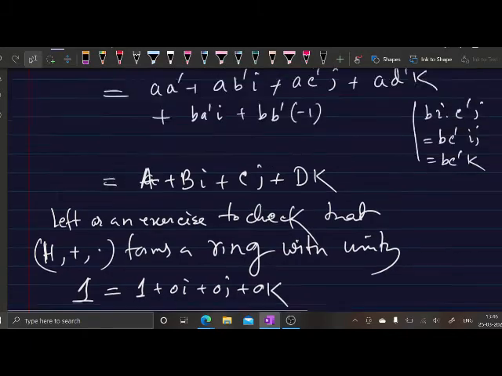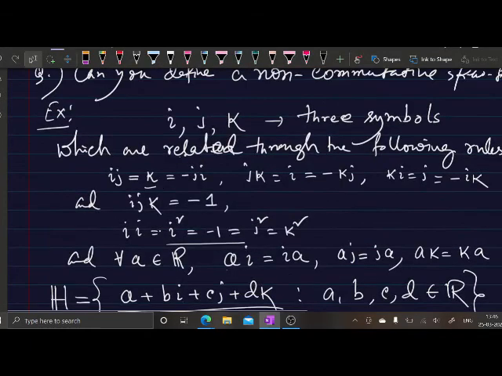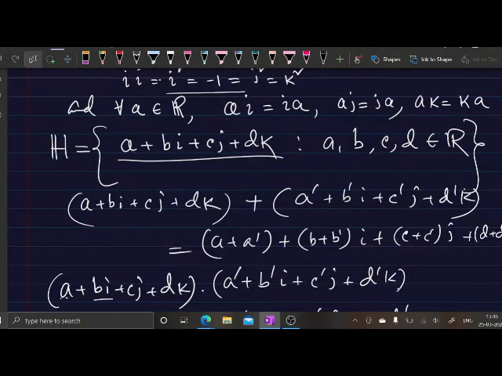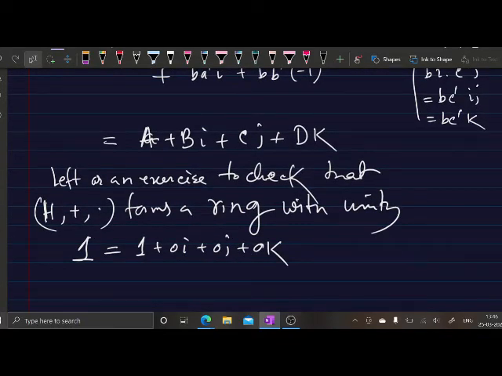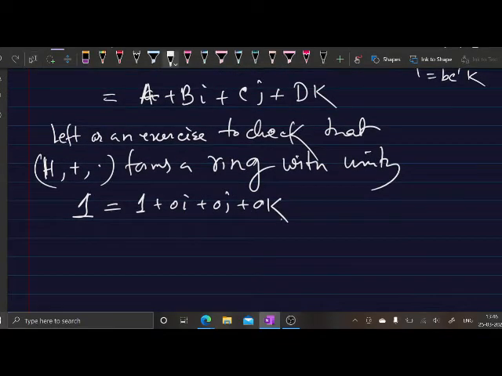And for any object of this form, if you multiply any object from H with 1, this will produce the same object. So therefore this is the unity of this ring.